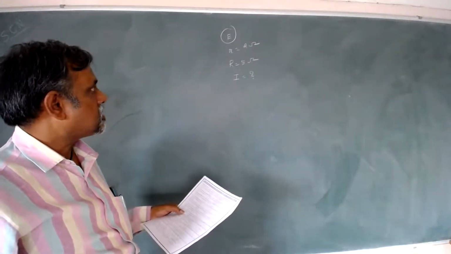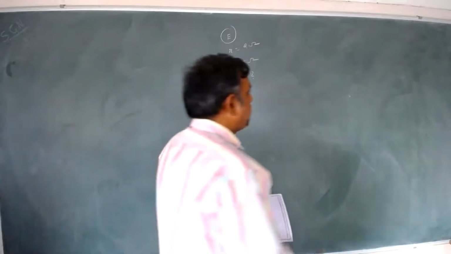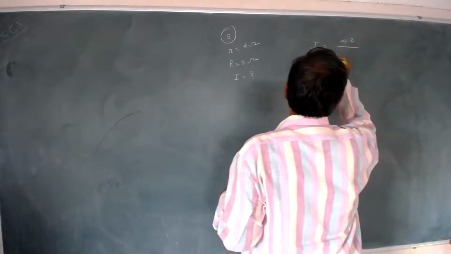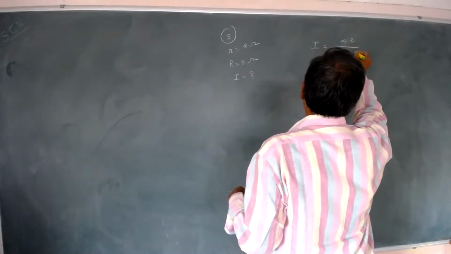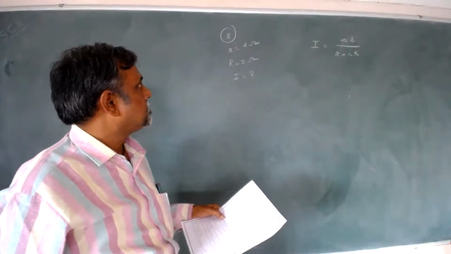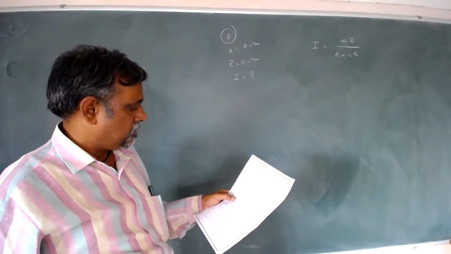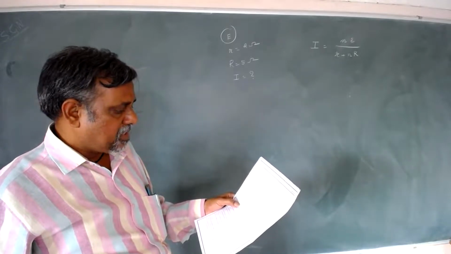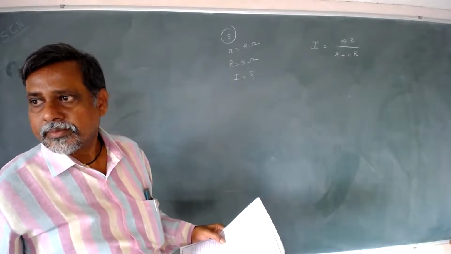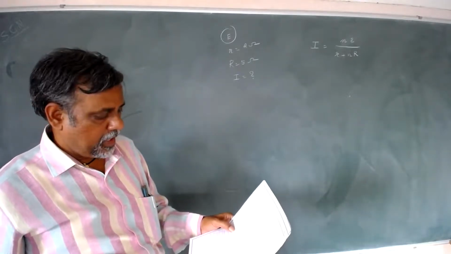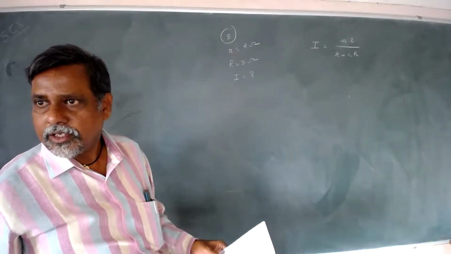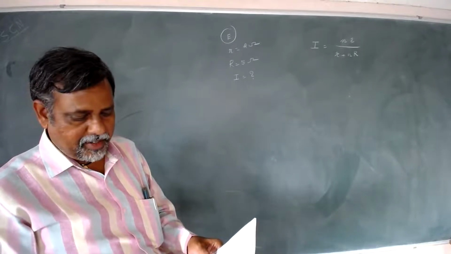Understood? In the parallel combination, N epsilon divided by, that is the formula. But in this case, even the E value should be given. That is missing over there. Got it?